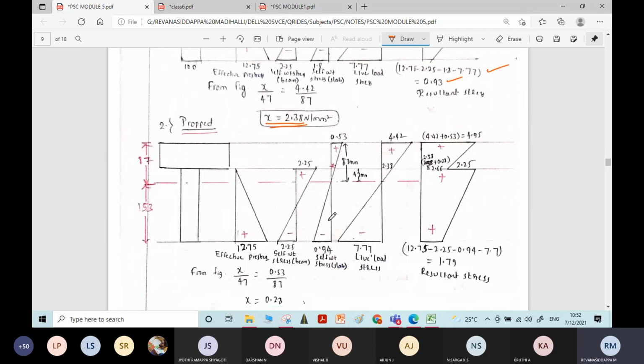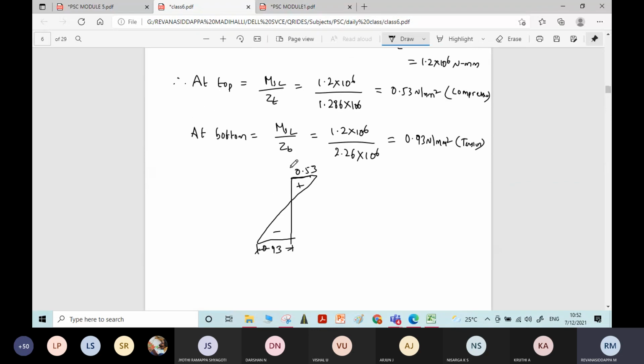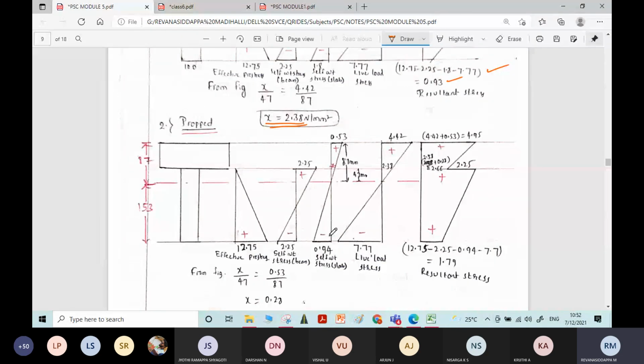Here we have to write corresponding to the full height, because here we have taken Z, the section modulus of the full section. 0.53 at the top and 0.93 at the bottom, corresponding to the full height.